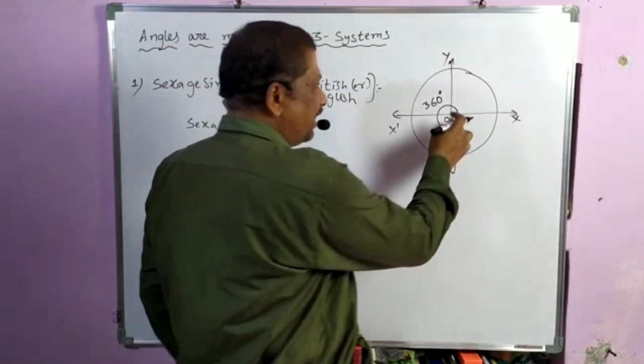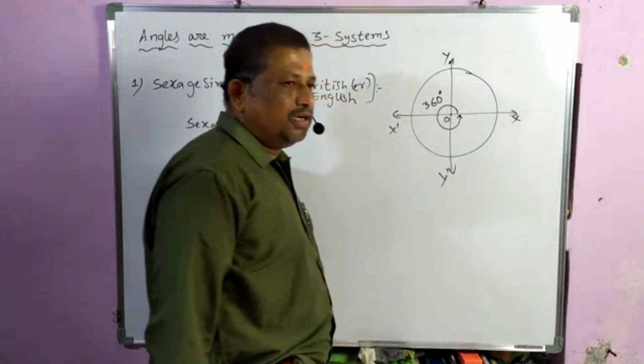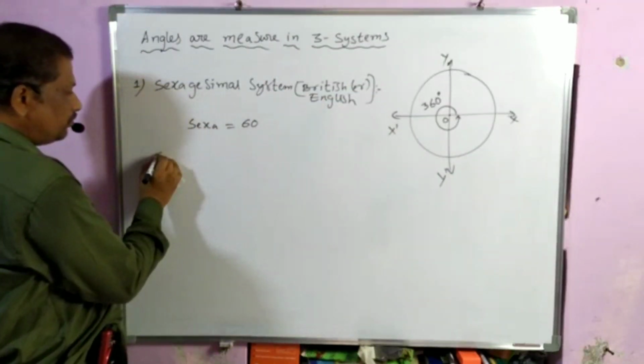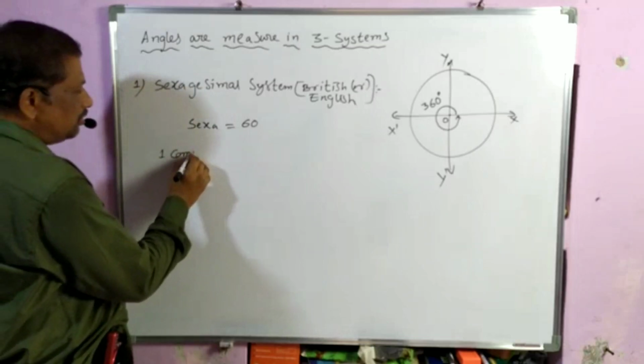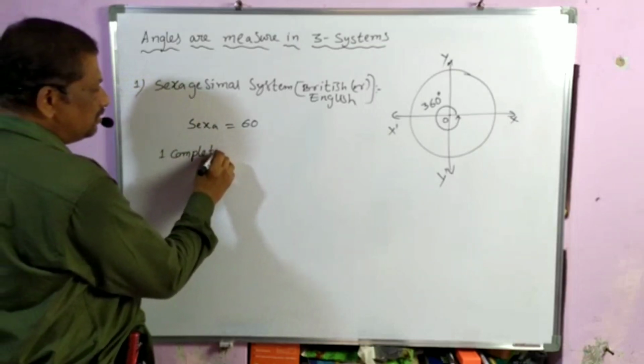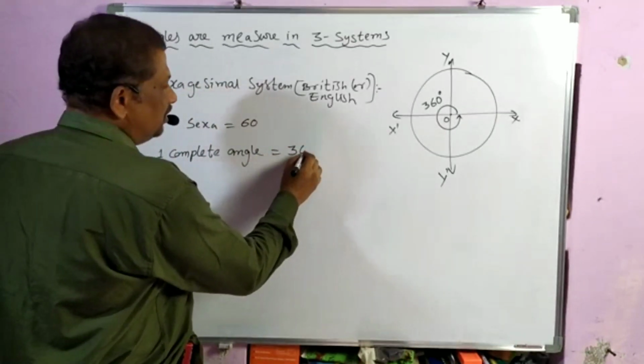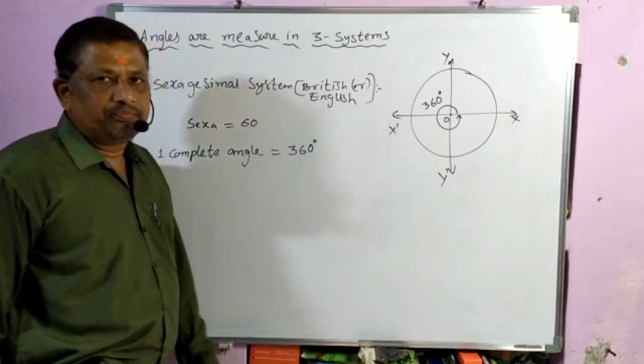So one complete angle is equal to 360 degrees in the hexadecimal system.